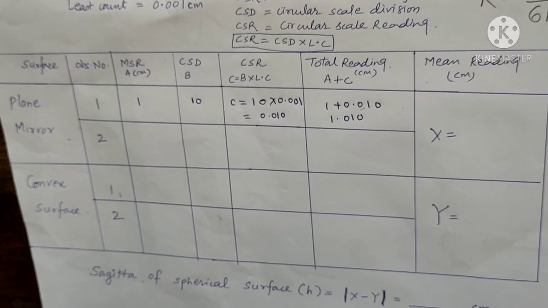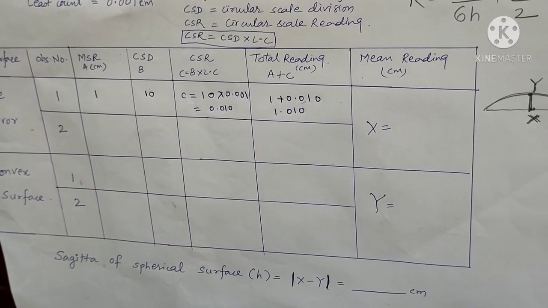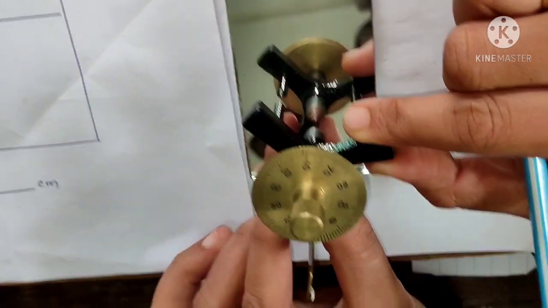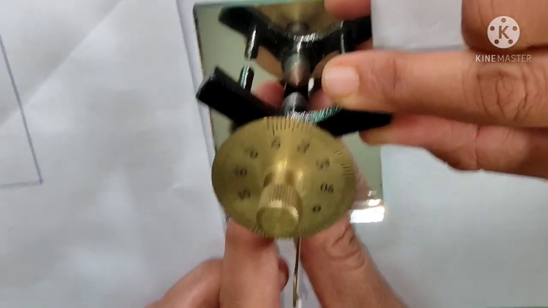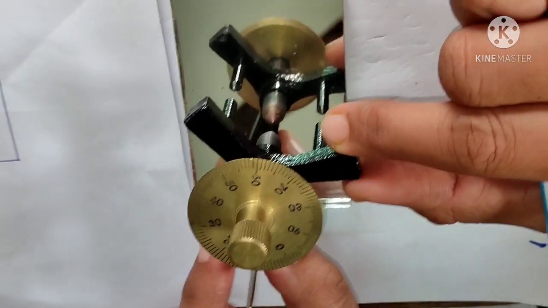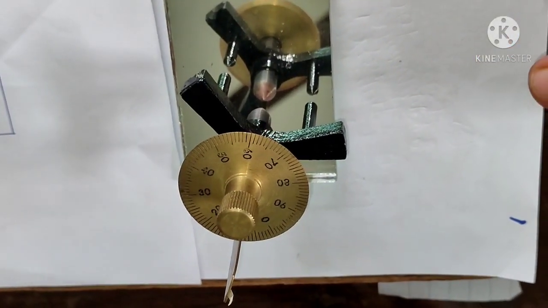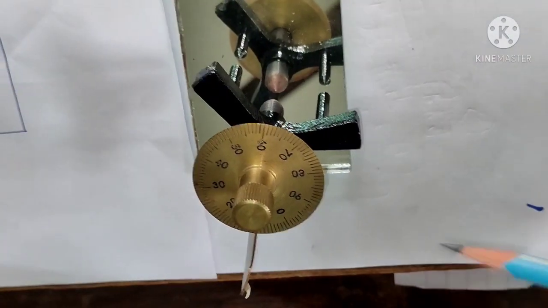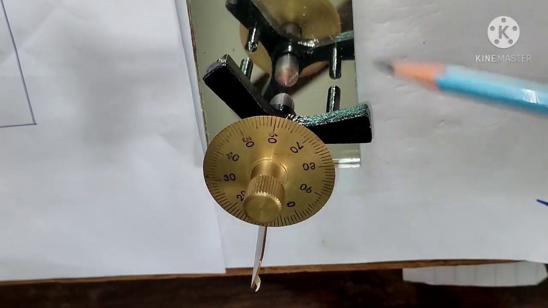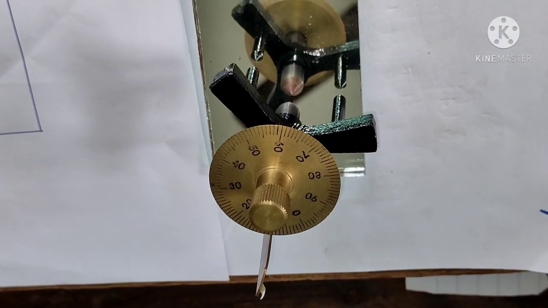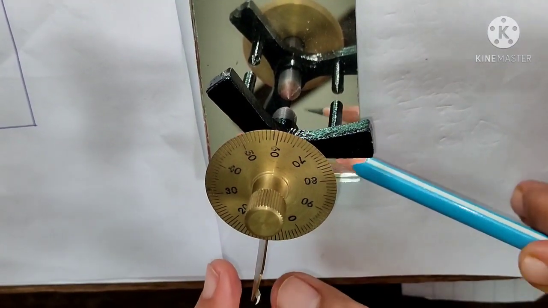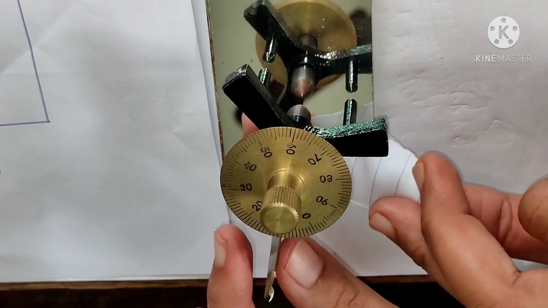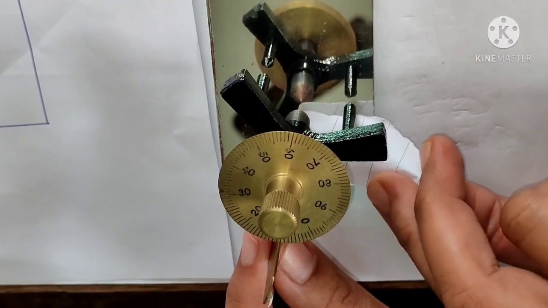Okay, now we'll take one more observation for the plane surface. We'll slightly change the position of the spherometer. Initially we kept the spherometer here. Now we'll change its position, and we'll check whether the tips of all three legs and also the tip of the middle screw are touching this plane surface or not by using this paper.